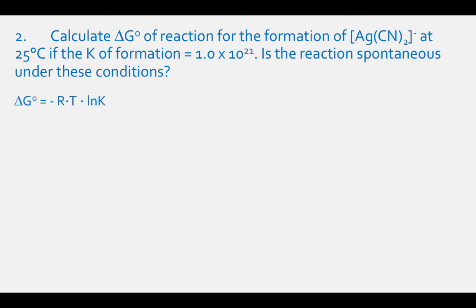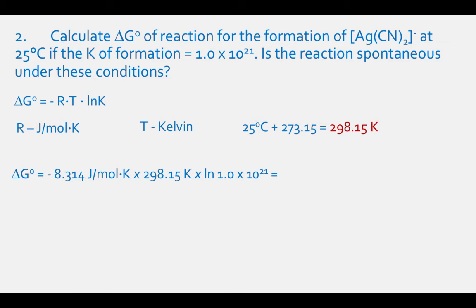Again, let's think about the units of this question. The gas constant is in terms of joules per mole times Kelvin, so the temperature needs to be in Kelvin. 25 degrees Celsius plus 273.15 equals 298.15 Kelvin. Then plug what you know into the equation.